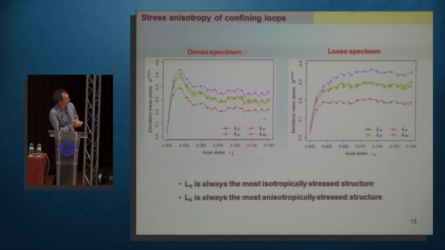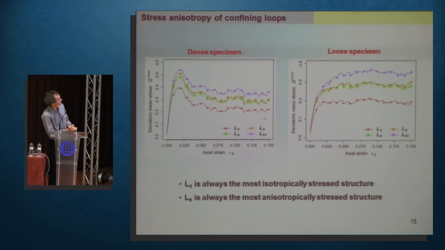Another point corresponds to the nature of the stress tensor that we can analyze within the mesostructure. Mesostructure means loops with 3 grains or loops with 6 grains. What we observe is that the loops with 6 grains are the most anisotropically stressed structure.